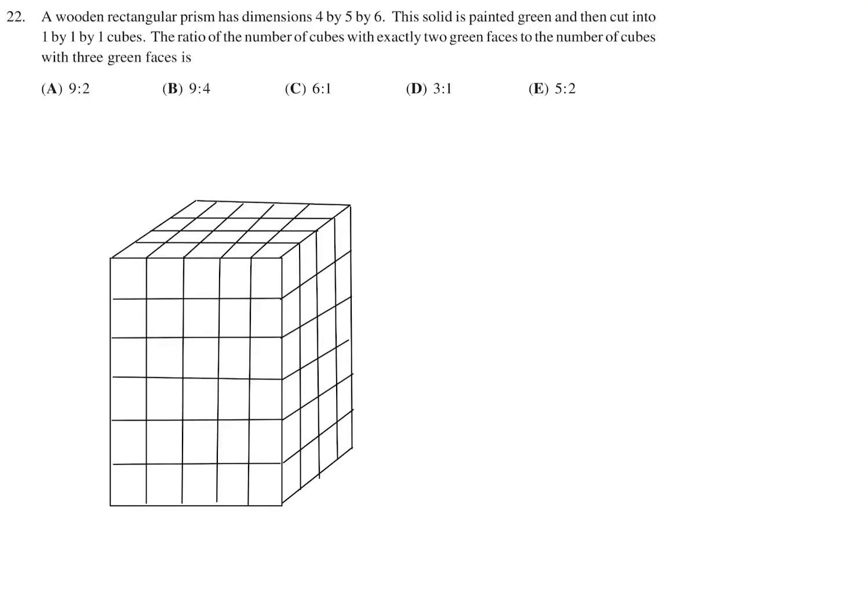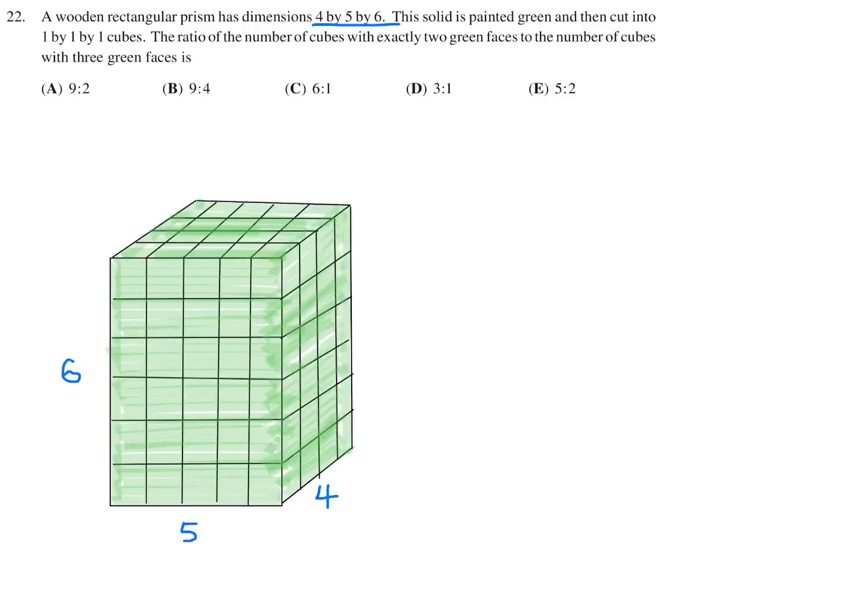So there you go, you've got a rectangular prism. And I've drawn it with the dimensions that they've given us, 4 by 5 by 6. And what they are going to do is paint this whole prism green all the way across like this. So I'll paint it.